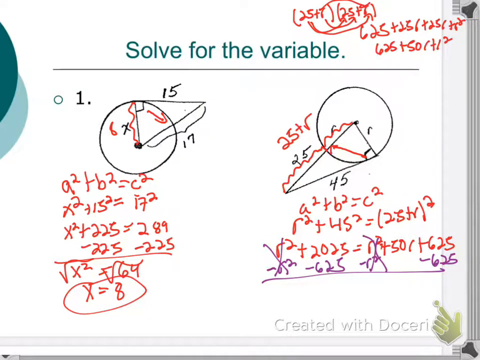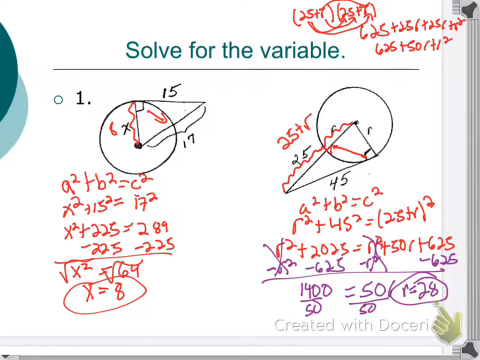So minus 625, I get 1,400 equals 50r. I divide each side by 50. R equals 28. So no square rooting there because our squares subtracted out. So we're left to just r equals 28.